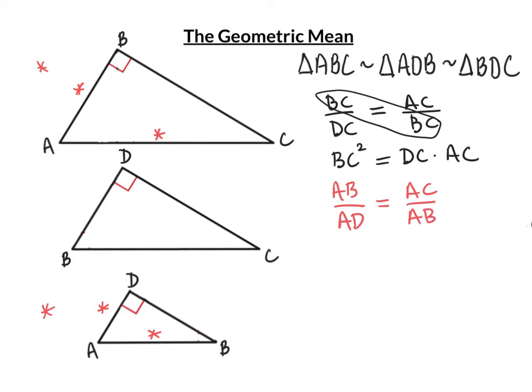I'm just lining up corresponding sides. Cross multiply that, and you get AB times AB, AB squared, equals AD times AC. For our last proportion, we're going to look at the bottom two triangles.